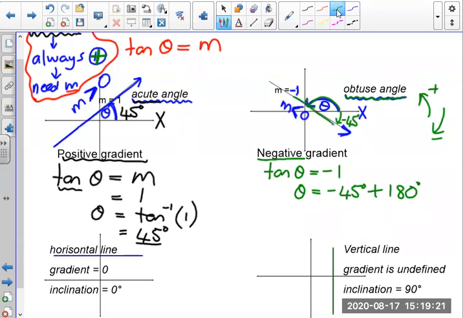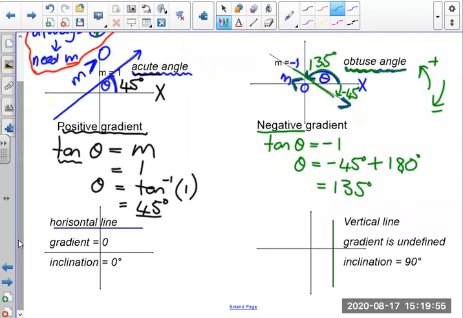So if your calculator gives you minus 45, then you just add 180 and you get 135. And can you remember I said, if you have a negative gradient, your inclination will be an obtuse angle, in other words, bigger than 90 degrees. So that's the new grade 11 work.